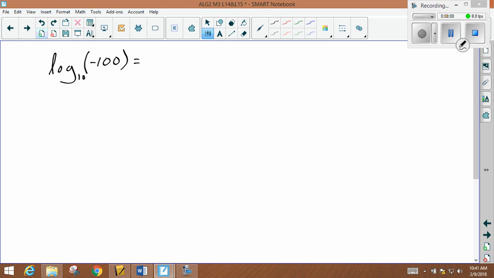We're saying 10 to what power is negative 100? You would think 2, right? Because 10 squared is 100, but it's negative, right? So how do I raise something to an exponent and make it negative? And if you're perplexed, the reason is because there's no way to do it, because this doesn't exist, okay?